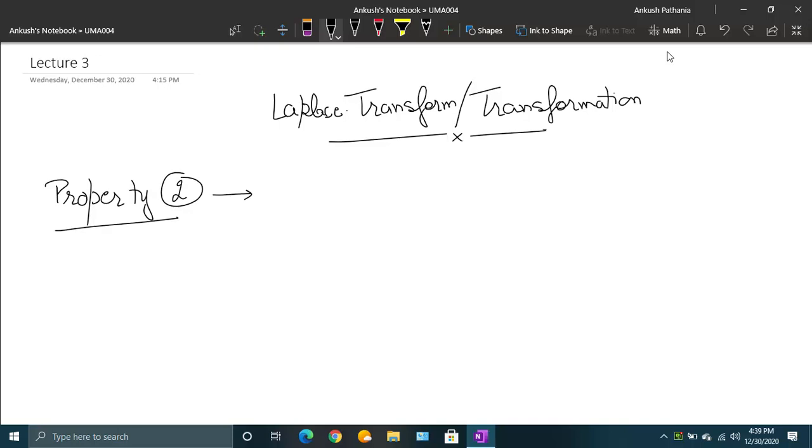Now we come to property number 2, that is called the differentiation of Laplace transform. So this is property 2.